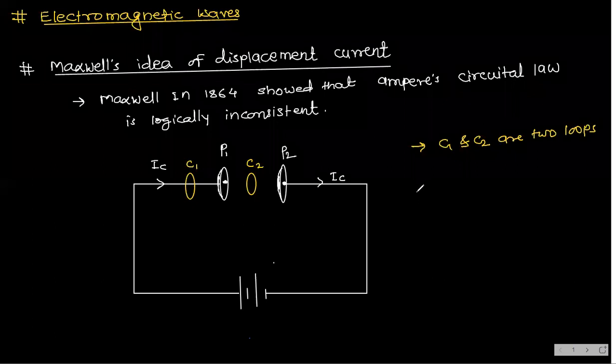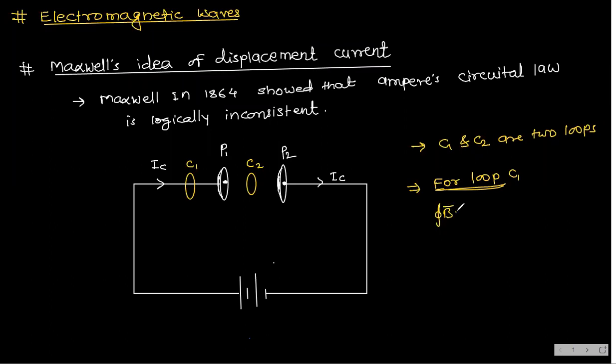Now for loop C1, closed integral of B bar dot DL bar, okay, is equal to what?